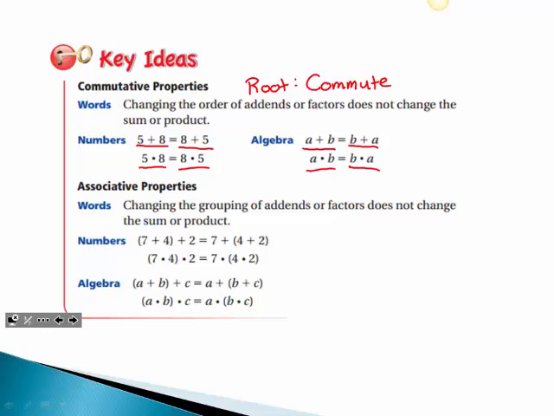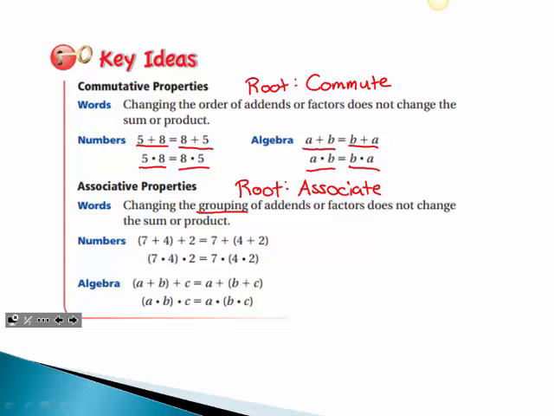All right? Associative property, the root word we talked about last year was to associate, which means different groups. The order does not change, but the grouping changes.